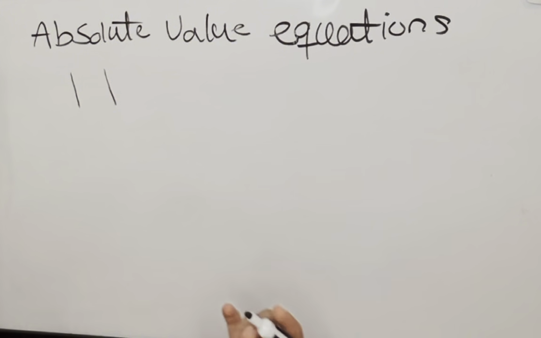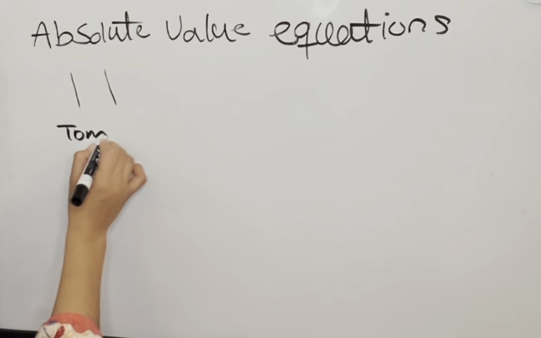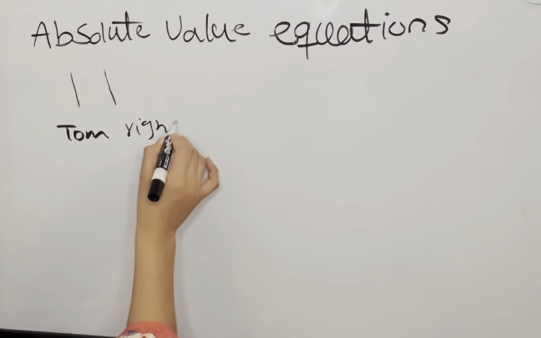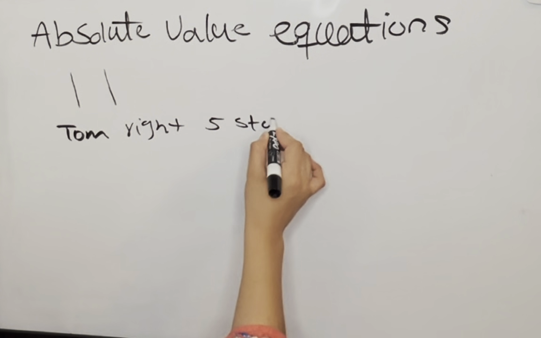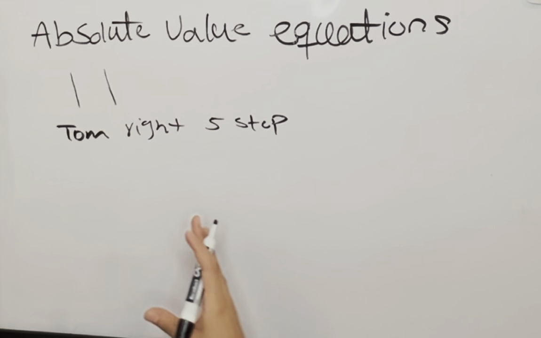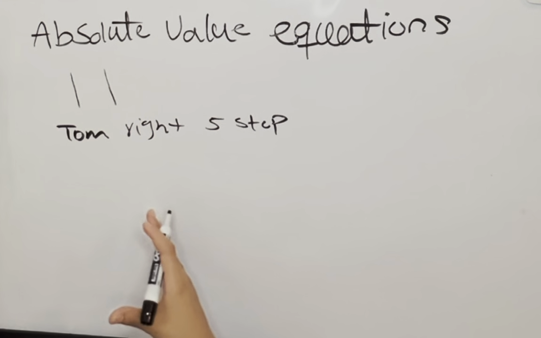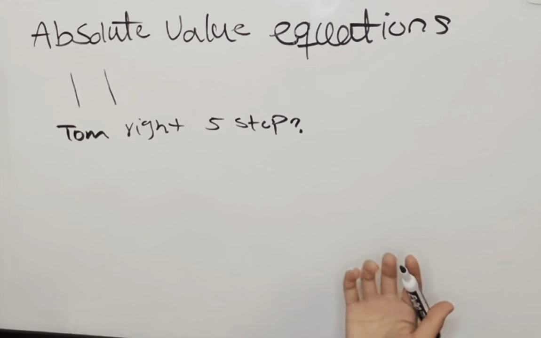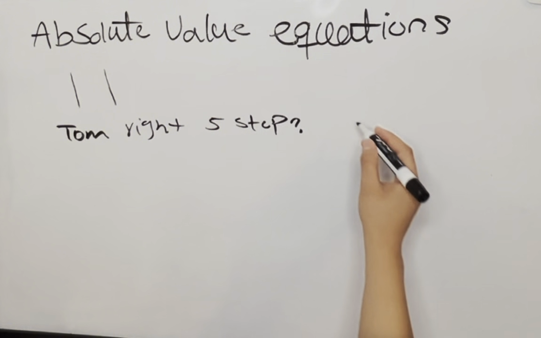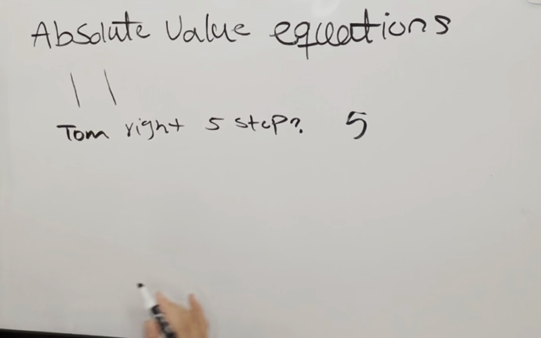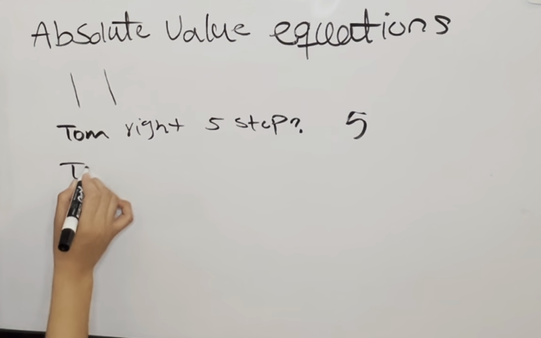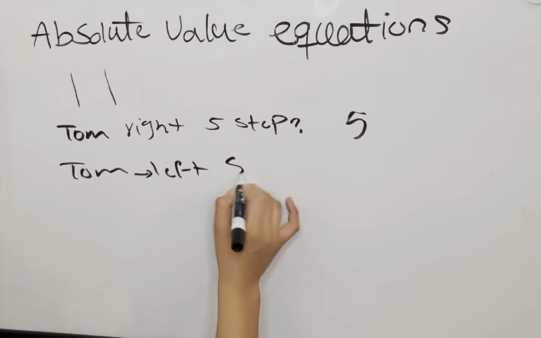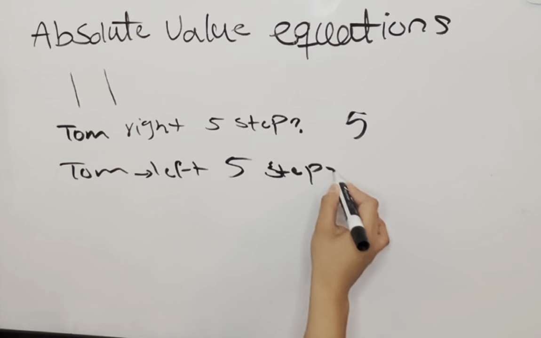Let's say, for example, we have Tom and he goes to the right 5 steps. The question is asking us how much distance Tom traveled. Because we know that he went to the right, we already know that the answer should be a positive number, meaning 5. However, this question can be worded as Tom is going to the left and he took 5 steps.